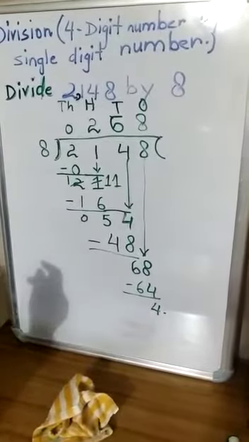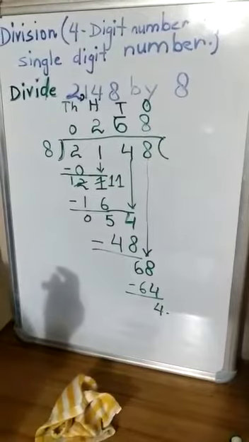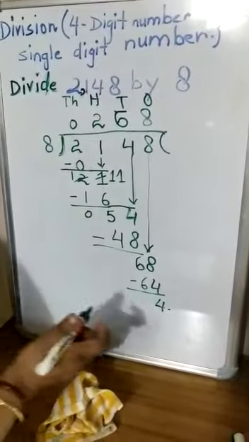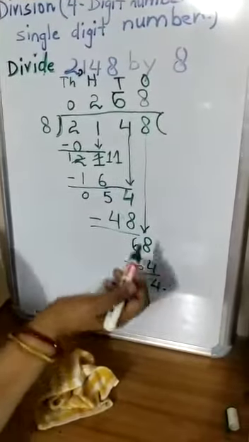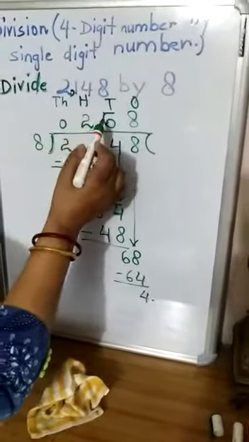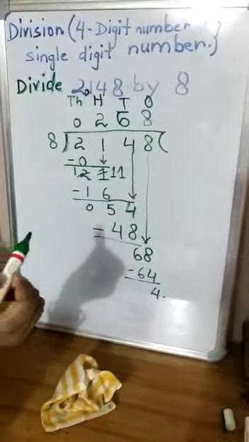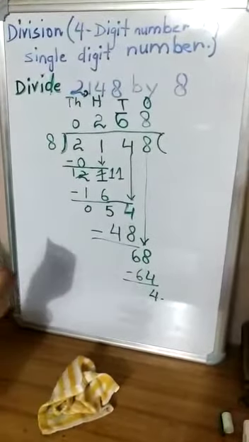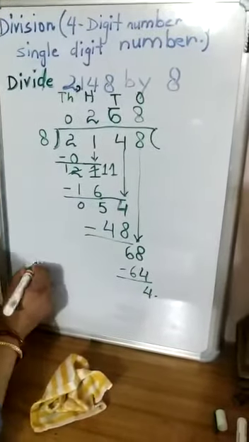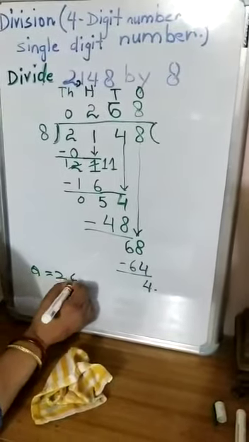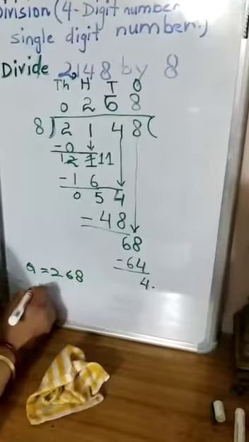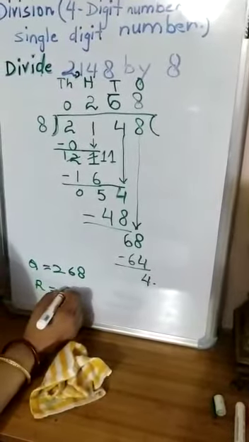So here all of you see that this 4 is a remainder and this 268 is the quotient. So children, what is the quotient? Quotient is 268 and remainder is 4.